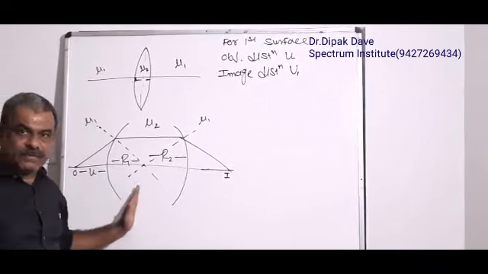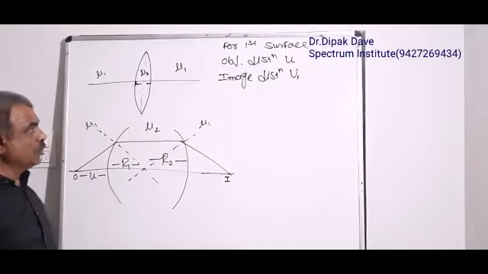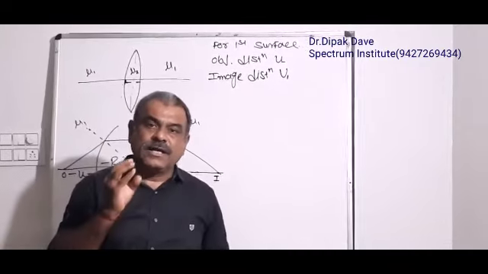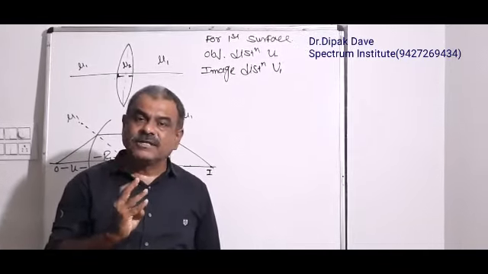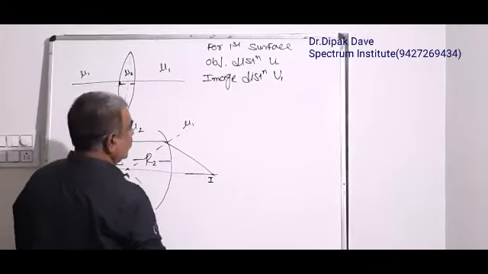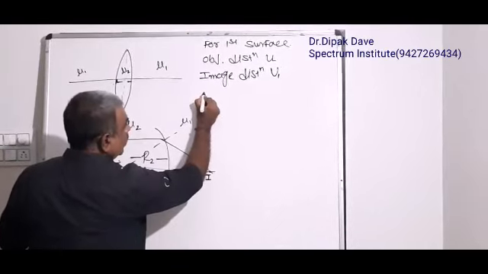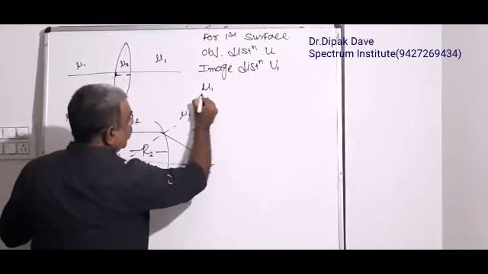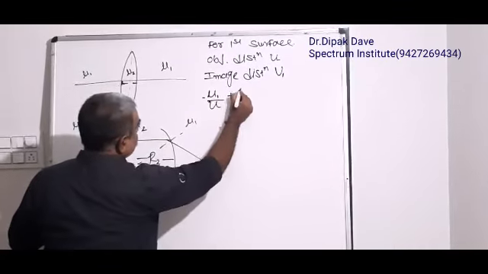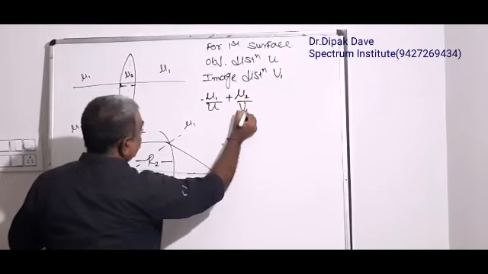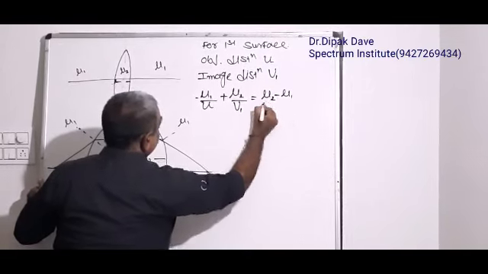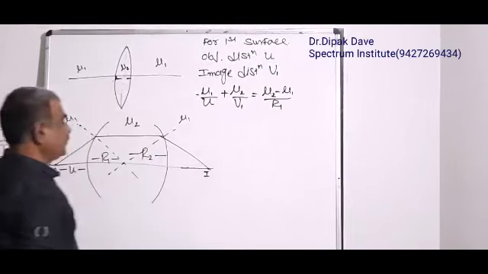Right now we are only dealing with surface 1, having object distance U and image distance V1. Then, as we have discussed, the relation between object distance, image distance and radius of curvature. So applying that concept to the first surface, we get minus mu1 by U plus mu2 by V1 is equal to mu2 minus mu1 by R1.